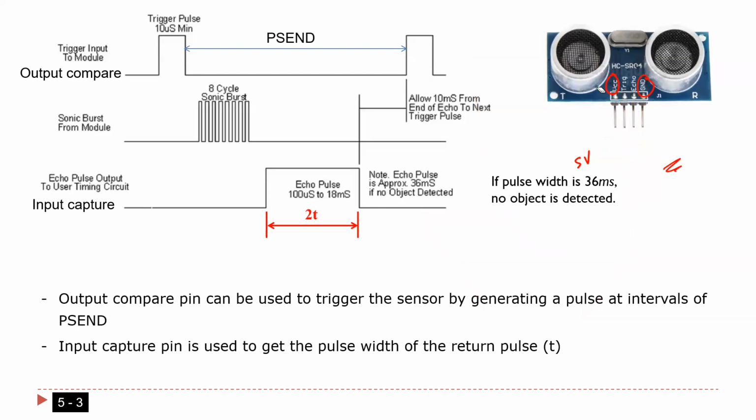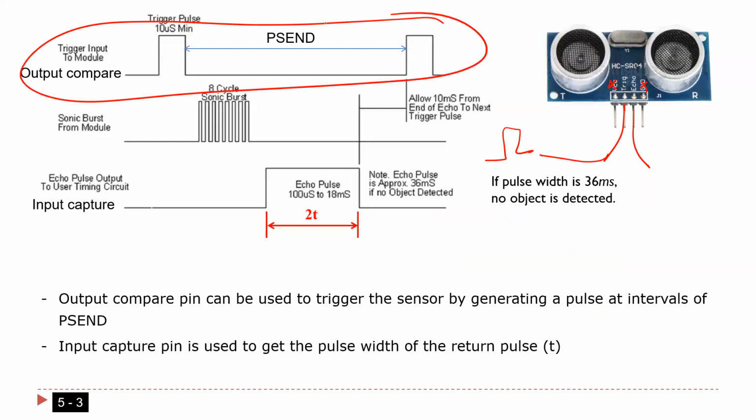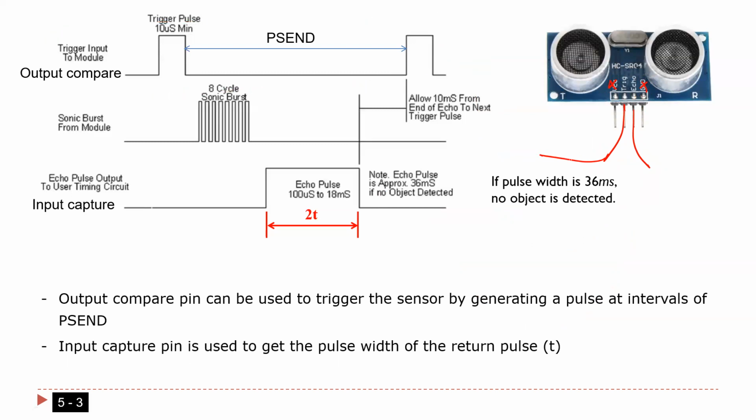Okay, guys. So forget VCC, forget ground. We have only 2 pins here. Okay. Every time you want to measure distance, you have to generate here a square wave this way, as you see here. So every time you trigger, this pin has to be connected to here.